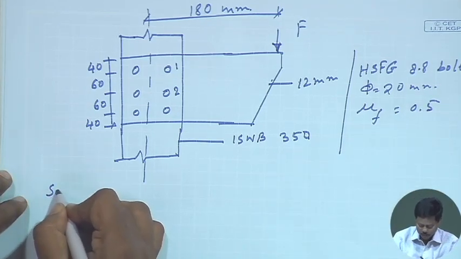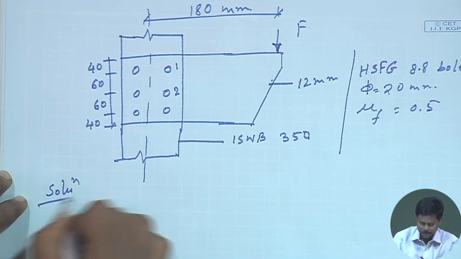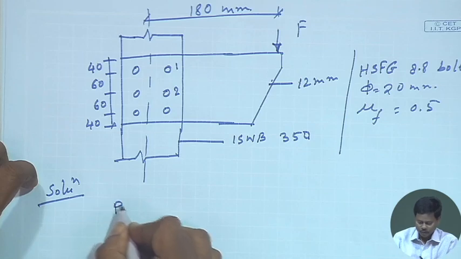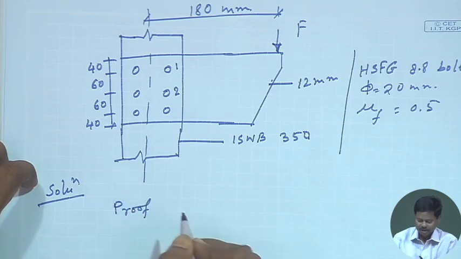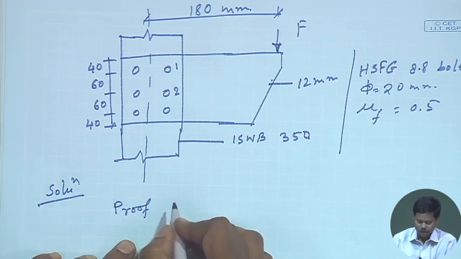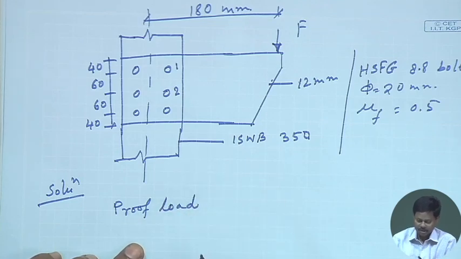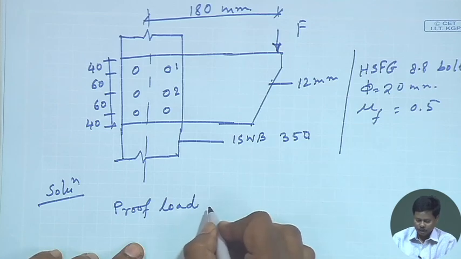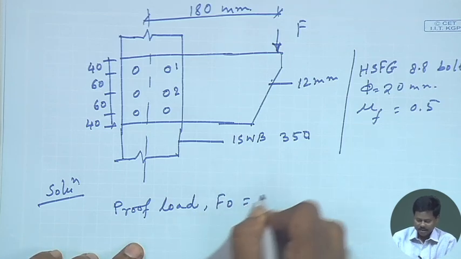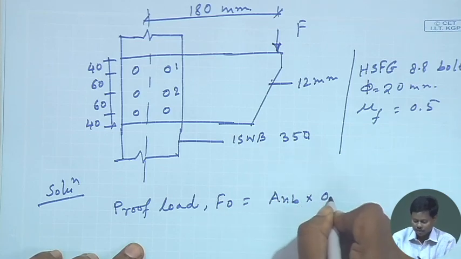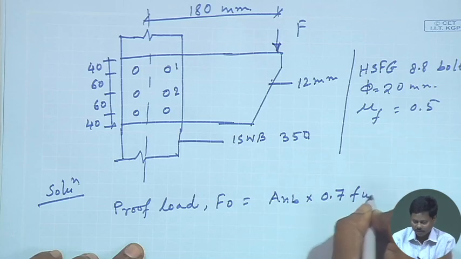If we want to solve this problem, what we will do? We will first try to find out the proof load, because this is a high strength friction grip bolt. So, due to friction we have to find out the load carrying capacity. Proof load F0 is Anb into 0.7 fub.